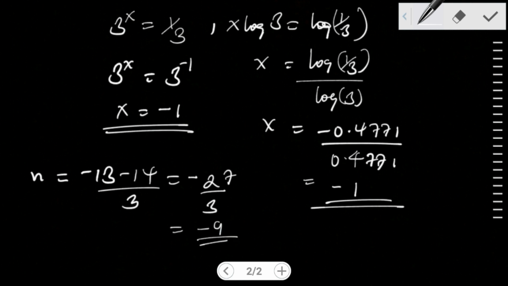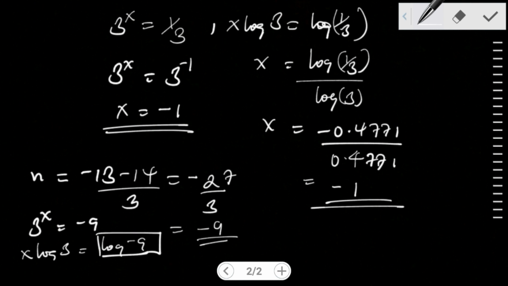So if we try to work out this, if we say that 3 to the power x is equal to negative 9, but we don't have the logarithm of a negative 9, and therefore if we say that x log of 3 is equal to log of negative 9, this is undefined.